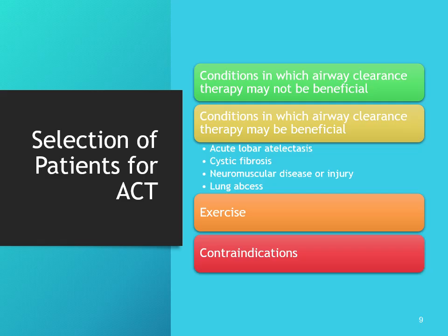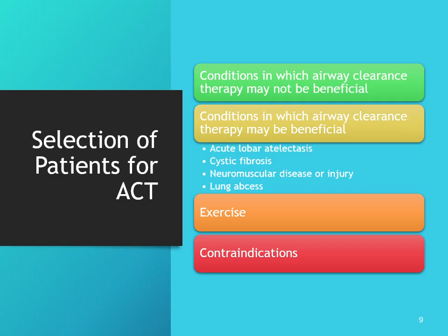This is when an entire lobe is sucked in because of mucus plugging. Mucus plugging may respond to one or more of your airway clearance techniques, depending on what's appropriate for the patient. So chest physiotherapy, oscillating PEP, or the vest can be used for that. Once the atelectasis has resolved, then you can discontinue the treatments.